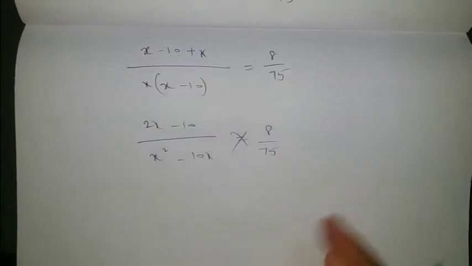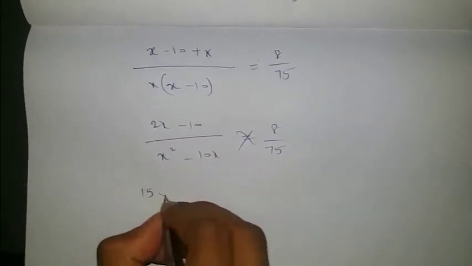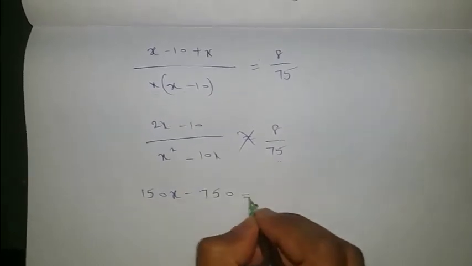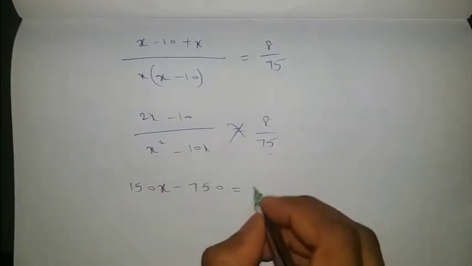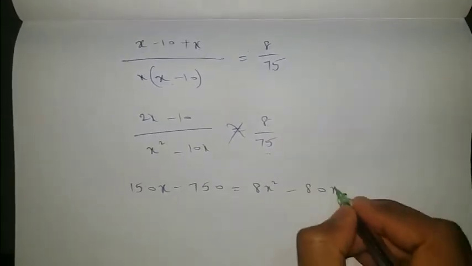I will do cross multiplication. 75 into 2x is 150x, minus 75 into 10 is 750, is equal to 8 into x square, 8x square, minus 8 into 10x, 80x.